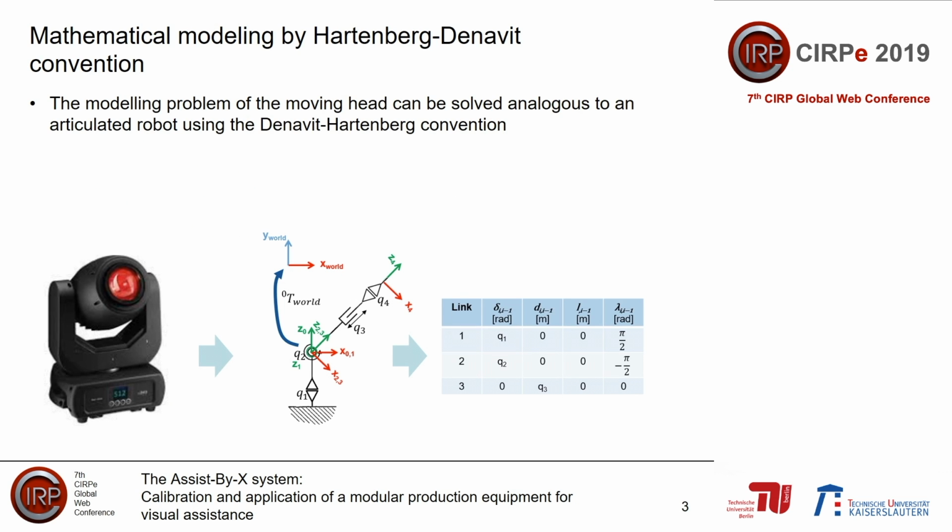To not exceed the frame of this paper, the focus is placed on the ABX configuration with the moving head spot as a projection device. This has the following reasons. The moving head is a device usually used as theater and event technology and consequently does not have a standard calibration method which can be executed by a production worker rather than a light technician.